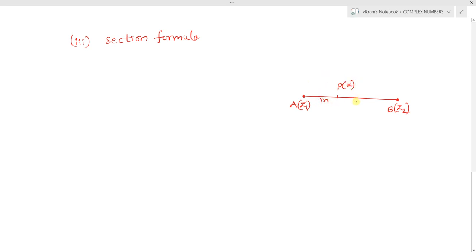Then the locus of Z is nothing but Z internally dividing the line joining A and B in the ratio m is to n.